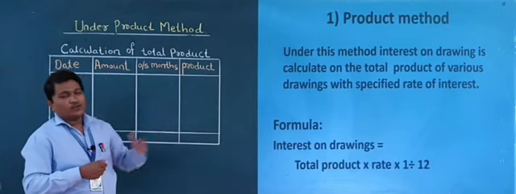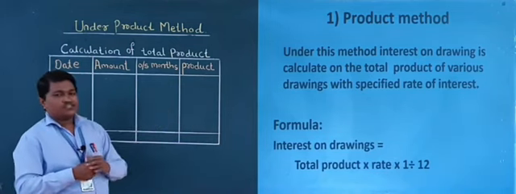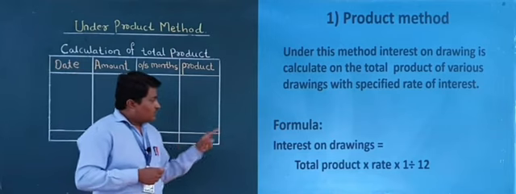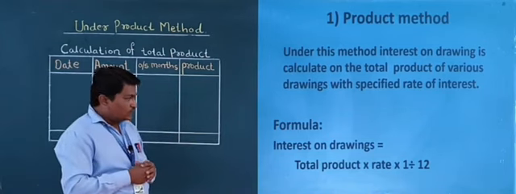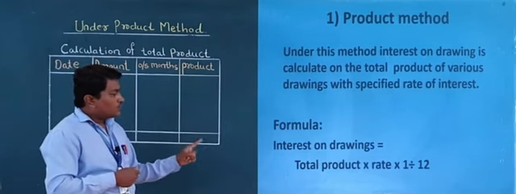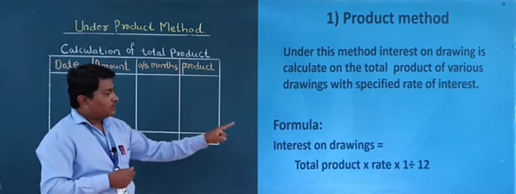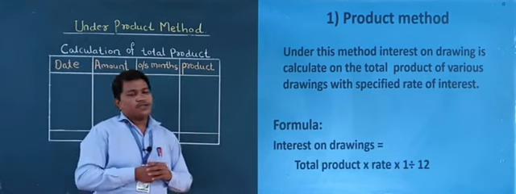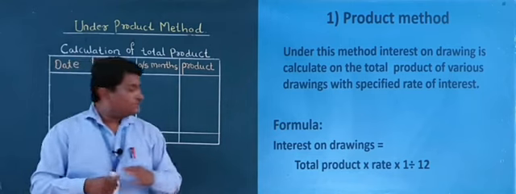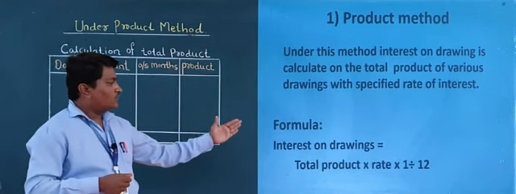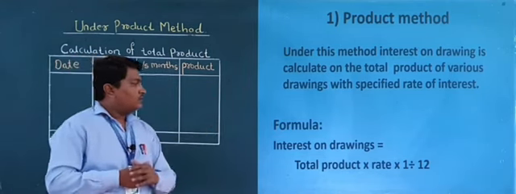How do you calculate the interest on drawing under this method? Interest on drawing is equal to total product into rate into 1 divided by 12.